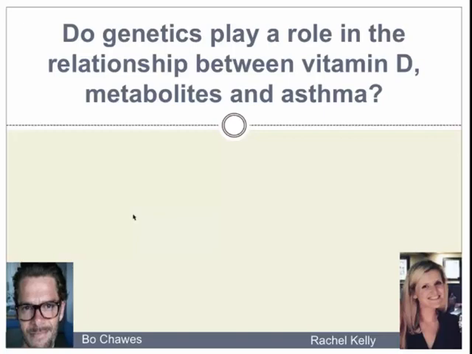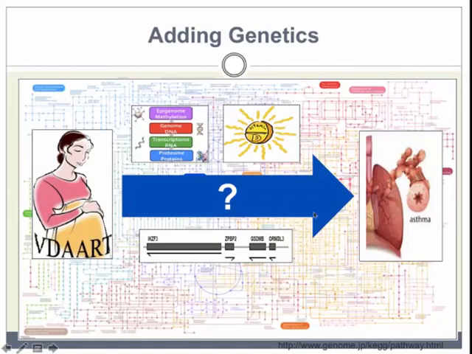So what can we say about genetics in terms of playing a role in the relationship between vitamin D, metabolites, and asthma? When we look at this whole picture that we were interrogating before, we're now adding this genetic component. And what I have drawn here is a very important asthma gene. That gene is called ORMDL3.